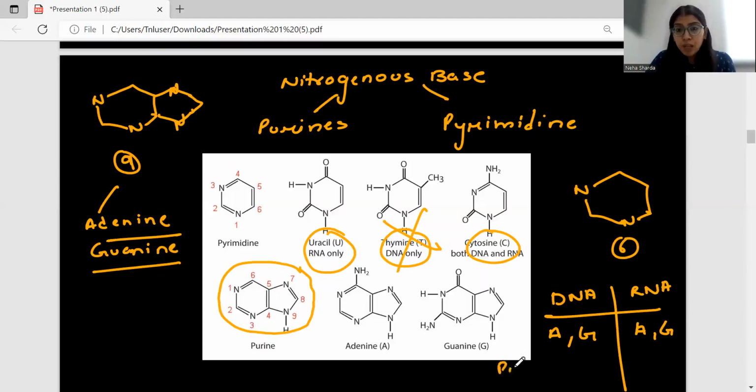In case of pyrimidines, in DNA, thymine and cytosine are present. In case of RNA, uracil and cytosine are present. So in RNA, thymine is replaced by uracil. This is the first difference between DNA and RNA, in the nitrogenous base.